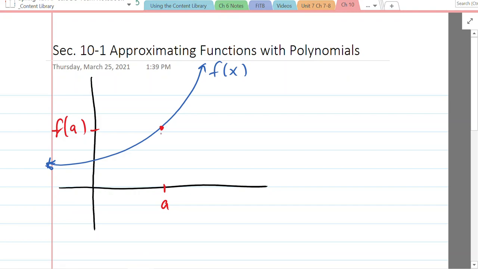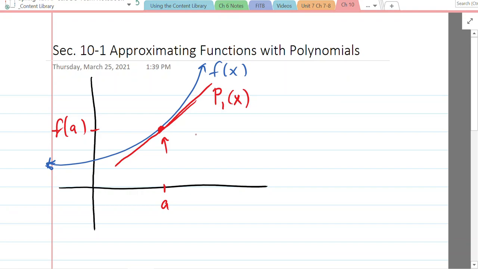And you're going to write a tangent line. We know from tangent lines that at this point a, f of a, it's the same point on both the function and the tangent line. We'll call this tangent line polynomial order 1, P1 of x.